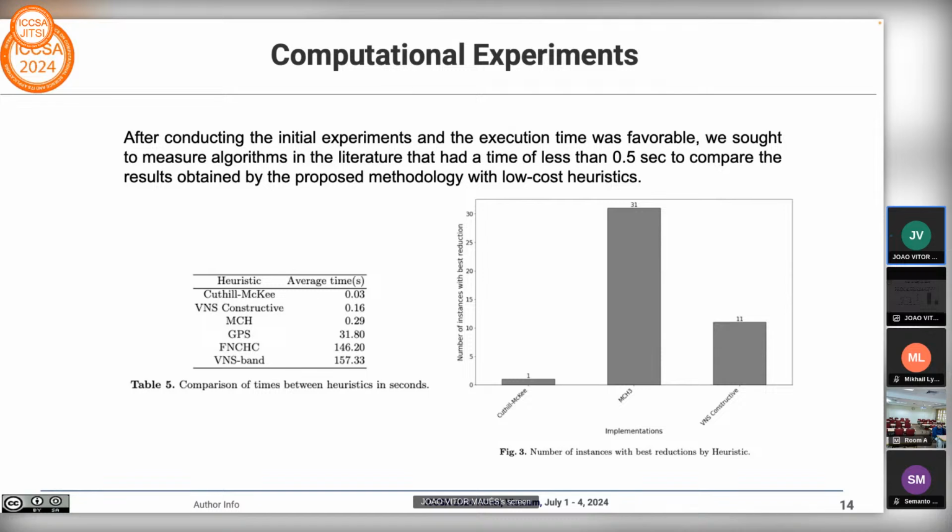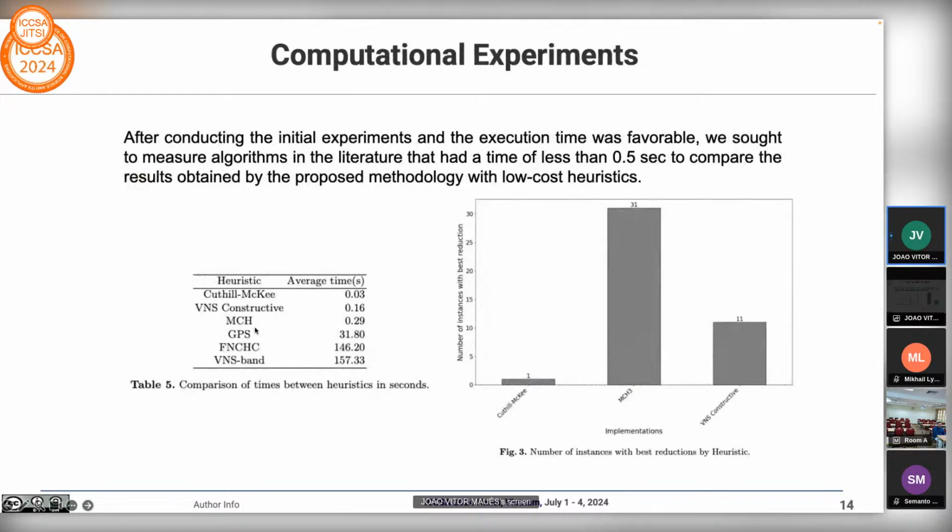We can see in this graph the multi-centrality heuristic gains in number of instances with the best reduction over the Cuthill-McKee and constructive VNS that are present in the literature.